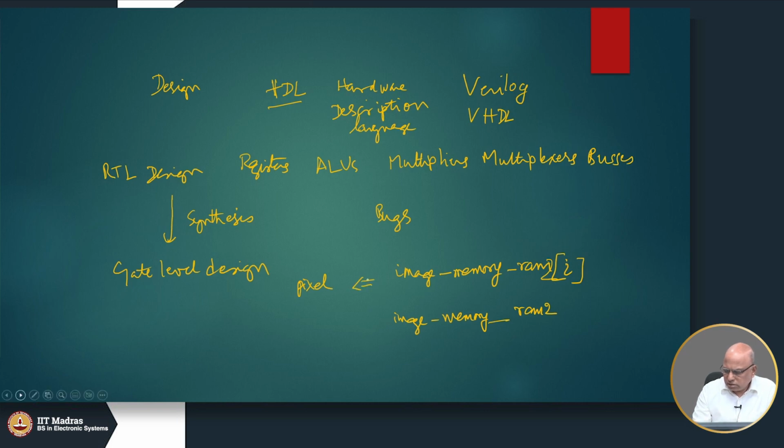This is a functional bug. We copied the wrong variable. Things like this may exist in our RTL code, and we have to make sure that we do not have these bugs. So, how do we do that?